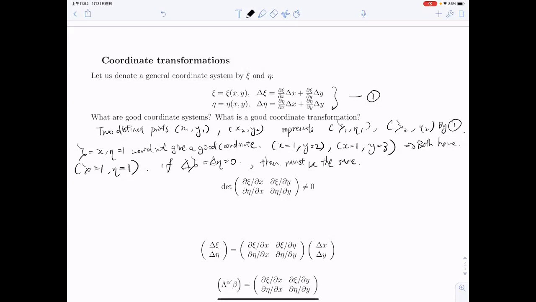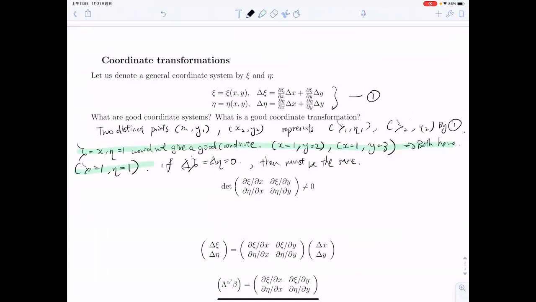Otherwise, there would appear such a case as xi equal to x, eta equal to 1, where two points have the same general coordinate represented by xi and eta, just like this case. So this is a bad coordinate.